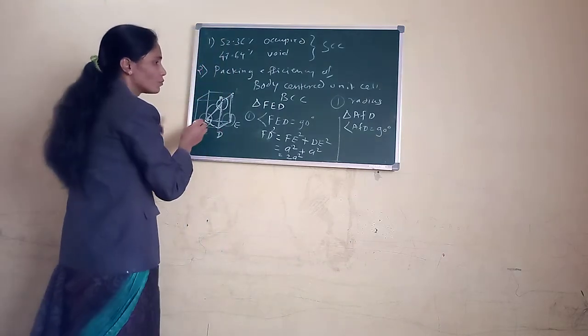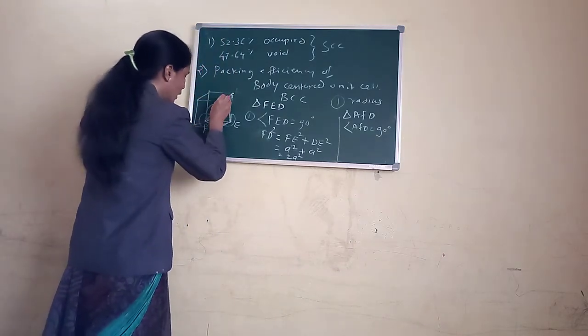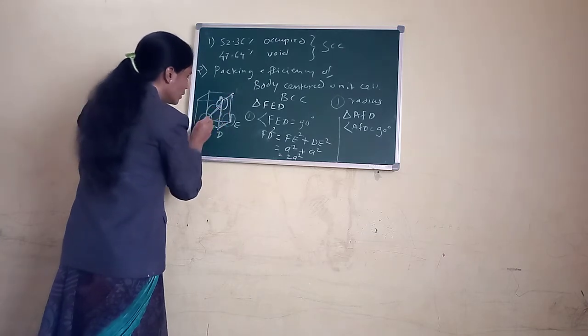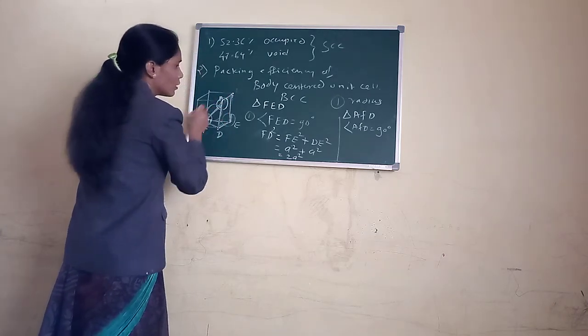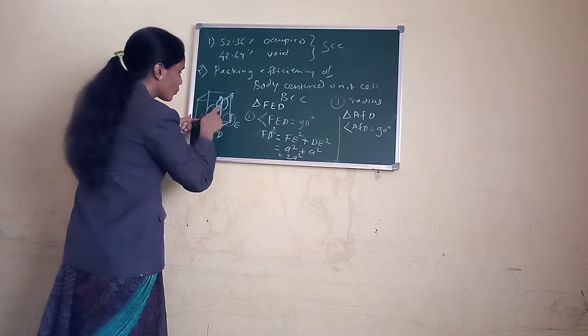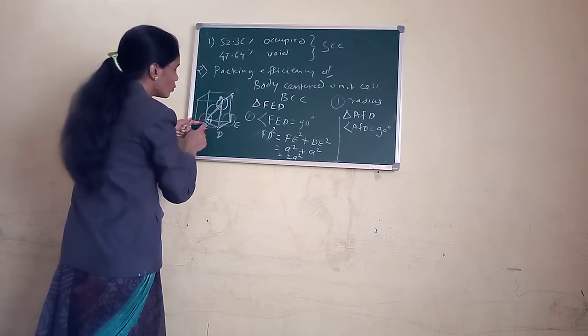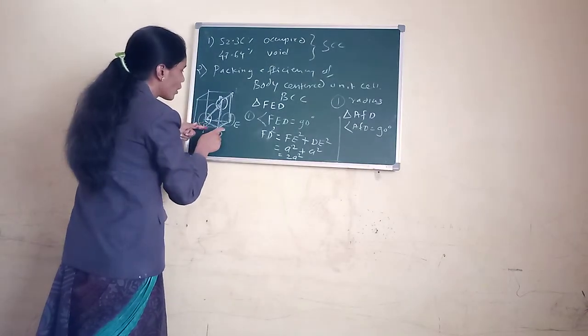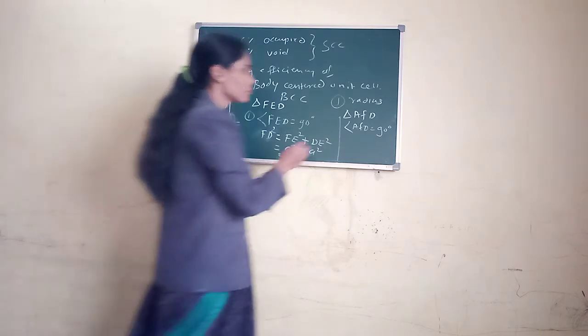Here also, AF square is equal to the addition of FD square plus AD square.